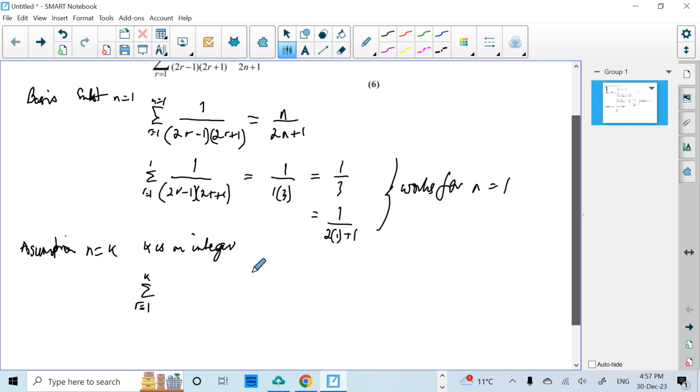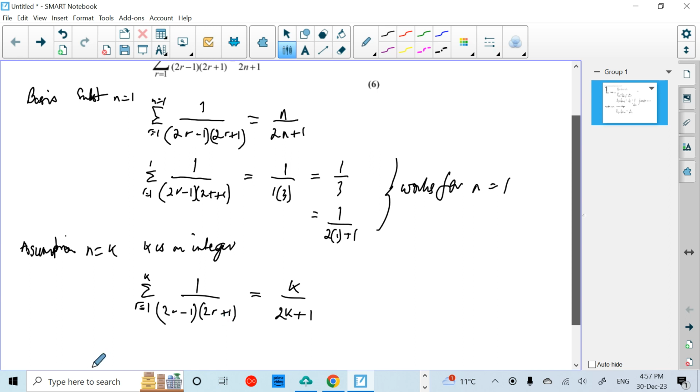It's very procedural. 2r minus 1 over 2r plus 1, and that is equal to k over 2k plus 1. I'm just substituting the value of k for n there.